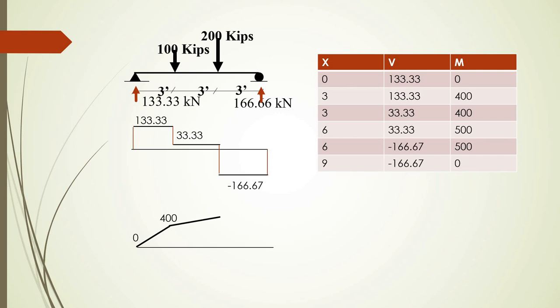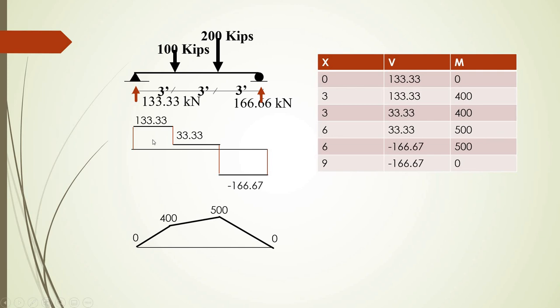Again, if you join these two with a straight line, this is what you get, and I'll write the value here. For the third section, the lower limit has the value 500 and the upper limit has the value 0. So if you join these 2 points, you're going to get a straight line again, and you can write the values, and this completes the bending moment diagram.